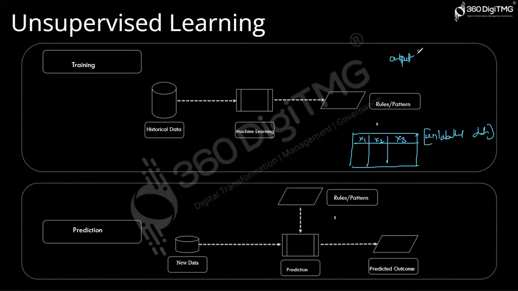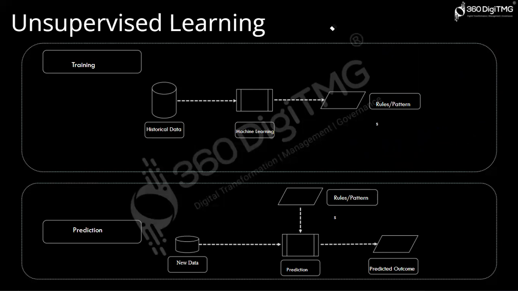The output variable is also called label, or target, or dependent variable. These are different names of output. So when it comes to the unsupervised learning model, we do not have any output. We have only input. So what are we going to do here?